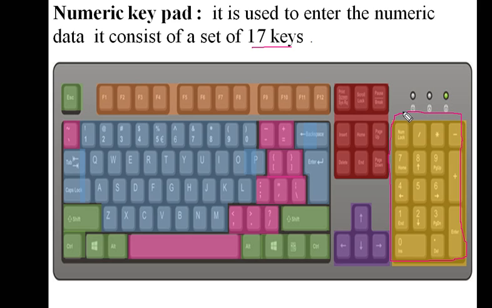This part is usually used for calculation purposes: 0 to 9, then Num Lock, division, multiplication, subtraction, plus, then the Enter key, then the dot operator or period. So a total of 17 keys are there. This we can call the numeric keypad.